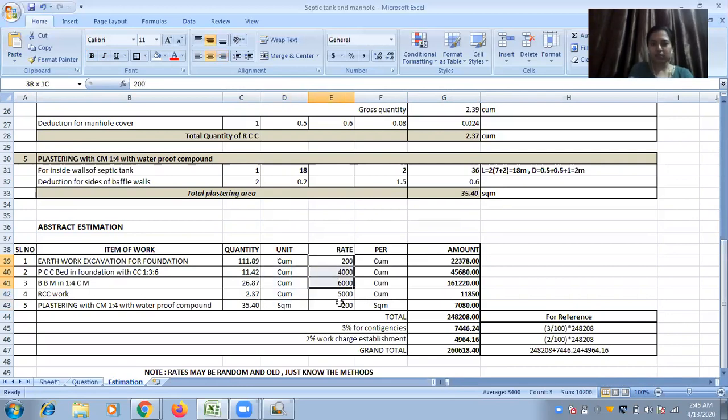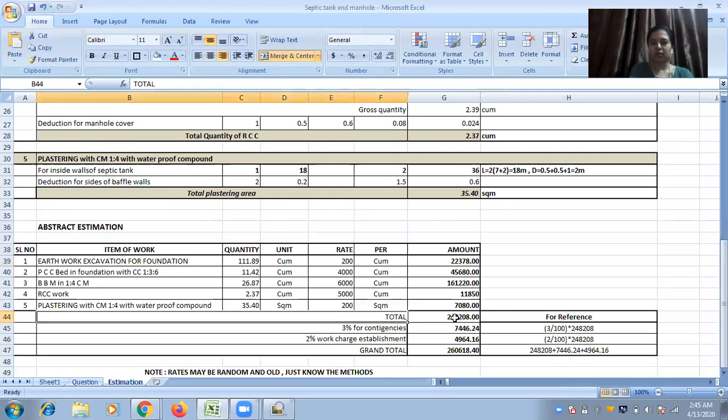All these rates will be given in the question. Just copy down whatever they have given along with the units. This column and this column should always be same.